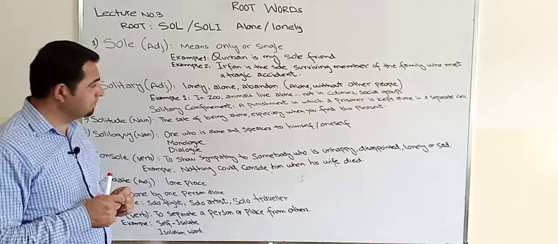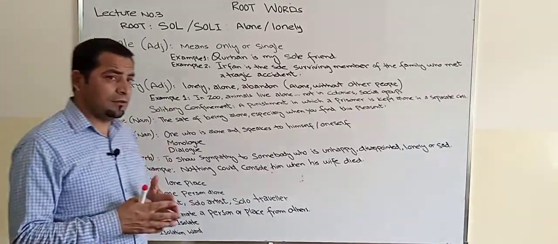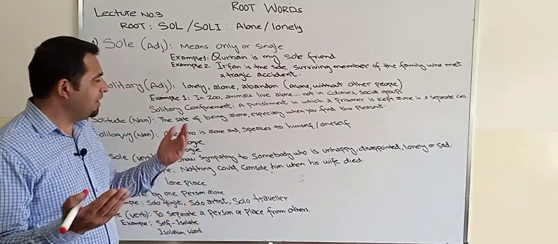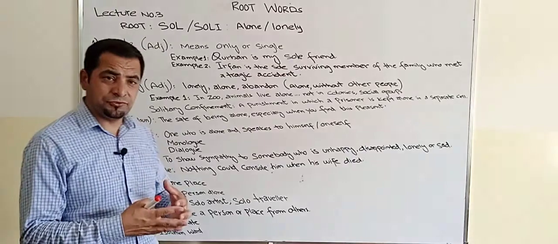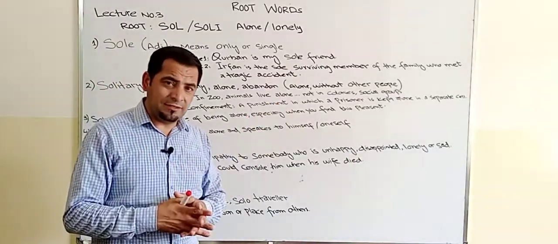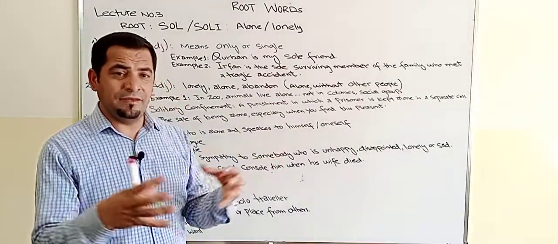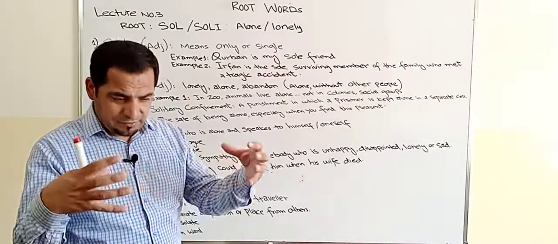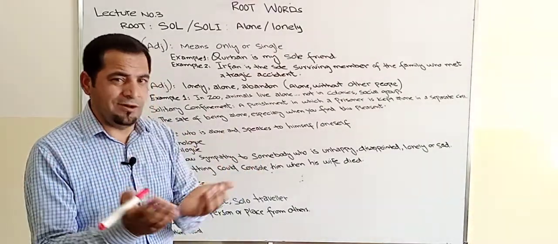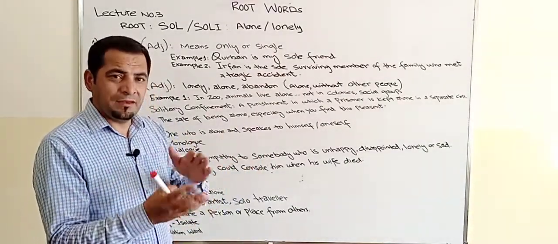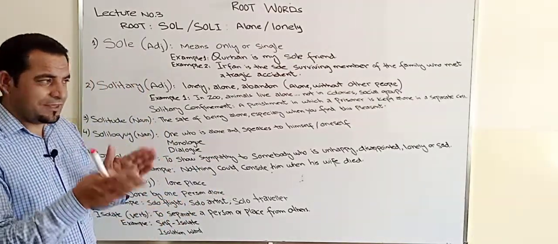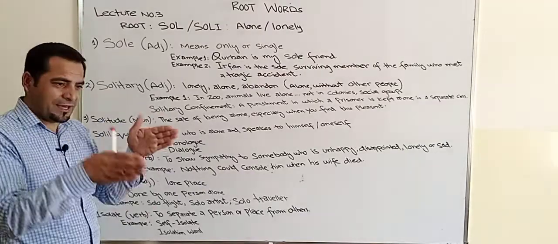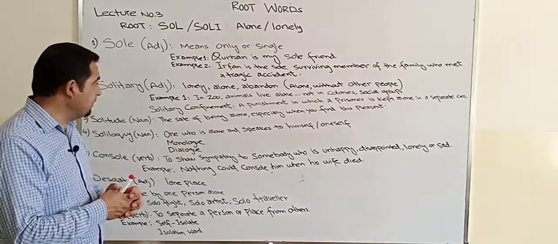In a zoo, animals live alone, not in colonies or in social groups, whereas in the wild you will find animals living in groups, in social groups, or in colonies. So when animals are kept in the zoo, you will feel that they are in solitary, they have separate cells for them.